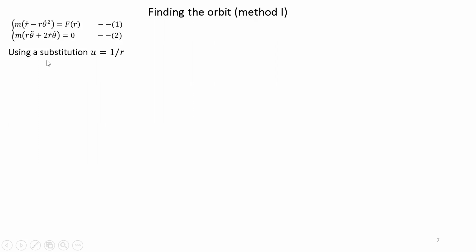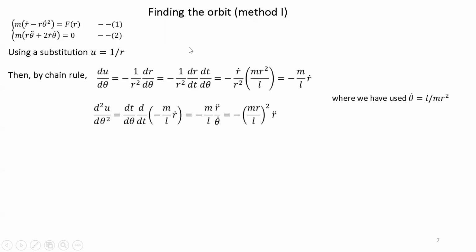So at the end of the day, you want to have an equation that just contains one variable, so that we can solve that. Okay. So the trick is to use u equals 1 over r. And if you do that, and then you take the chain rule.